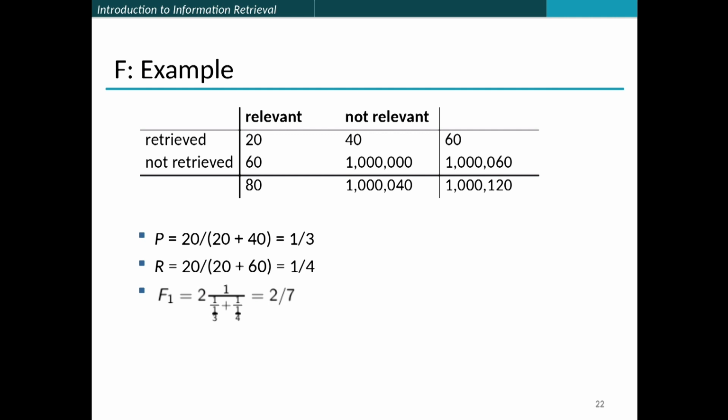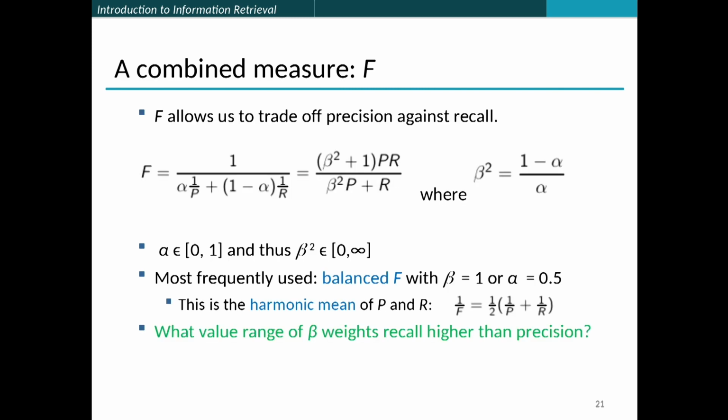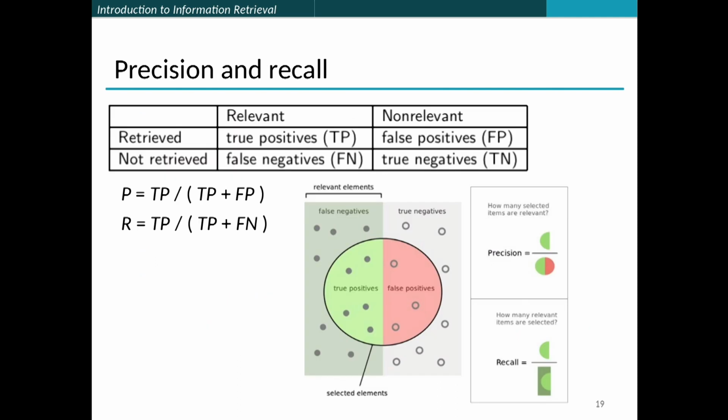So all the relevant documents are 20 plus 40, so are 60. And so the precision is 20, the ones that I actually retrieve over all the relevant, okay? And the recall is 20 plus 60, which is basically the relevant ones, over the ones that I actually retrieve, okay? We simply applied the definition.